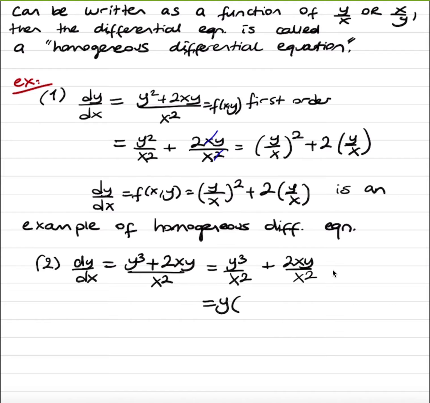So here we have y times y over x plus 2 times y over x. But because of this extra y, we don't want separate y's or x's in the equation. We just want to see only y over x or x over y. So x over y is also okay. But since this y term is there, it is not a homogeneous differential equation.